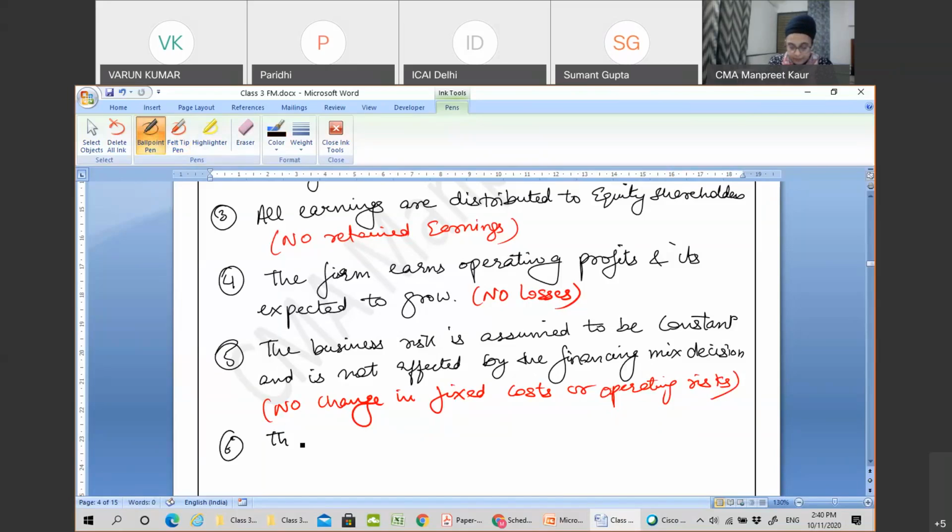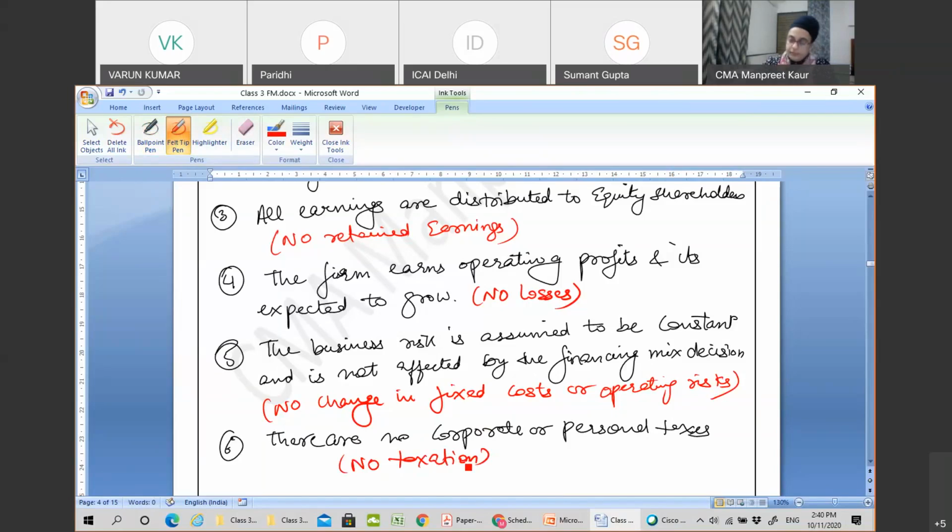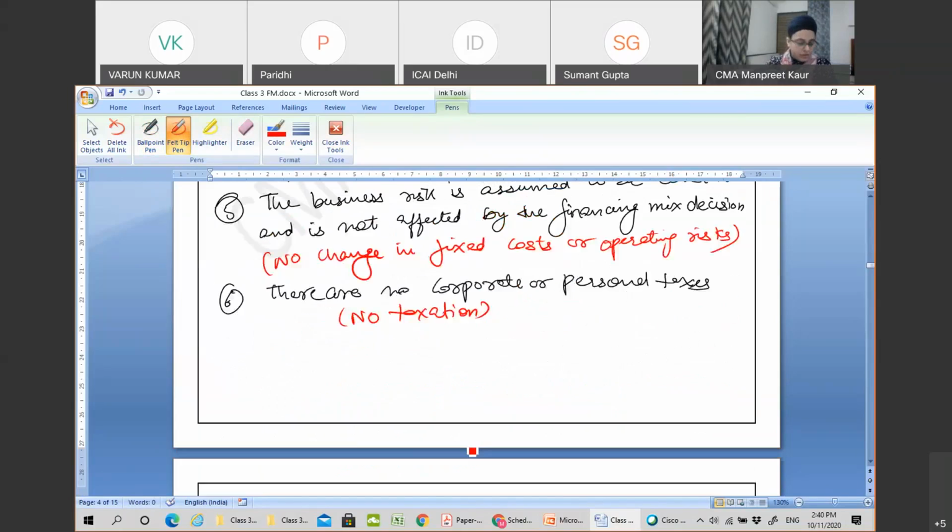There are no corporate or personal taxes. This is also assumed that there are no taxes, no taxation. These are the general assumptions.